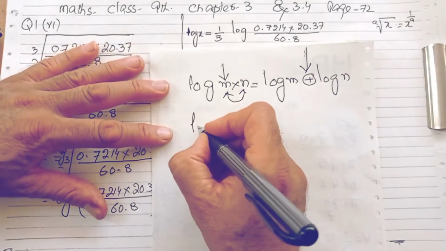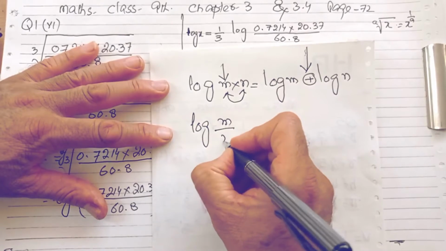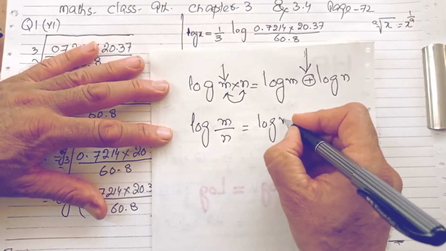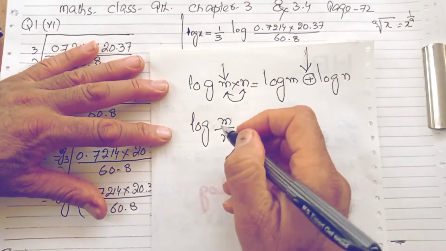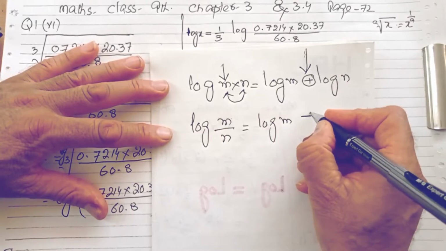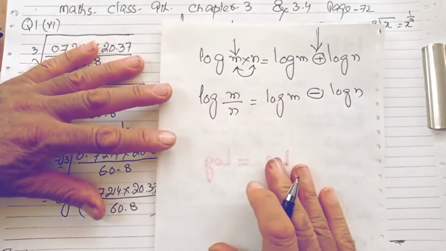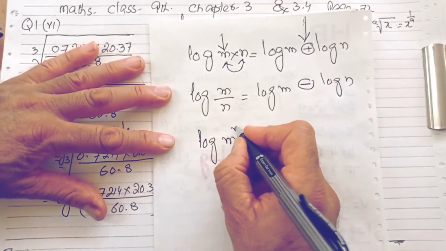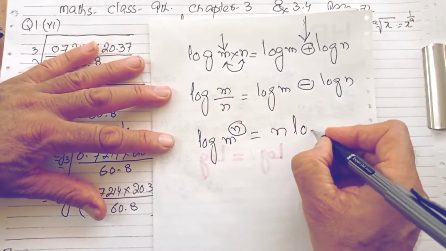And once there is log m divided by n, in case of division you will place minus over here: log m minus log n. And once there is log m raised to the power n, this n comes first, and log m.